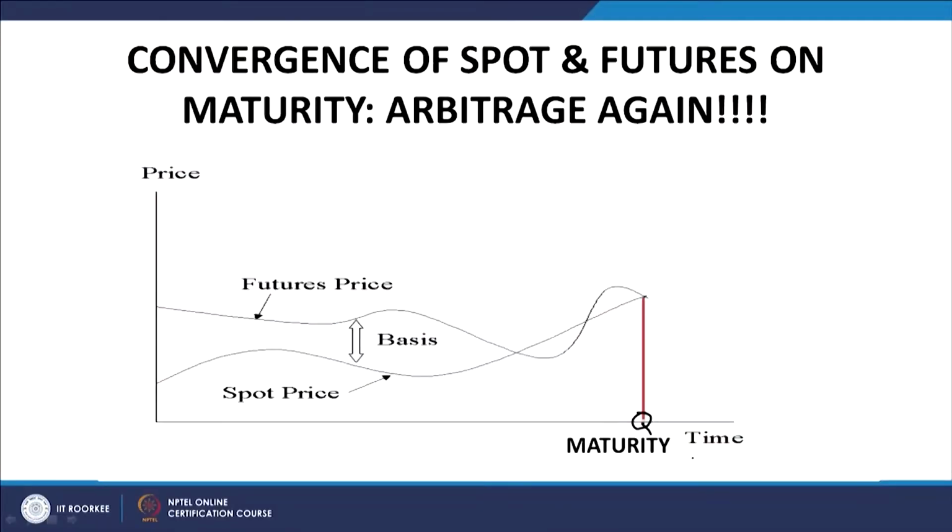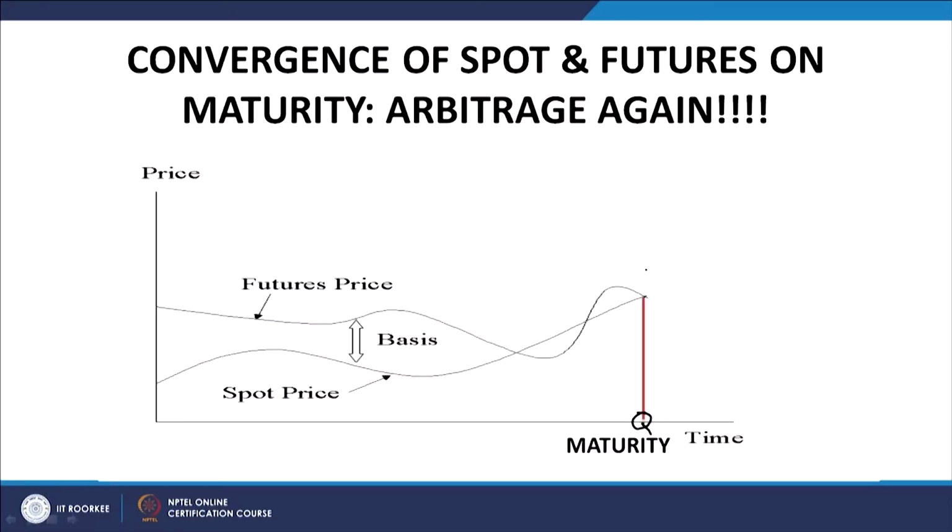What does it mean? It means that at the point of maturity of a futures contract, the spot price of the underlying on this date and the futures price of a contract that matures on this particular date must be the same. Why must they be the same?